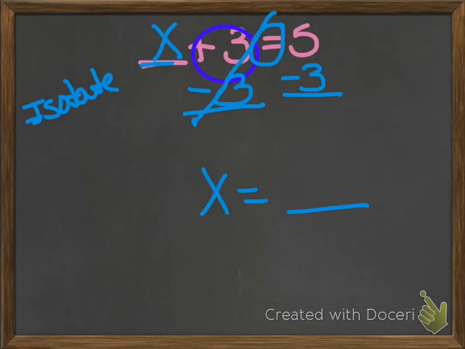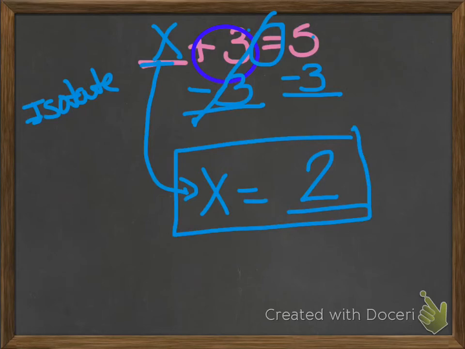Everything has to be the same on both sides. So 5 minus 3 would be 2. The 3's canceled out, all you had left was x. So now this is telling me that x, my unknown value, is 2. That would be our solution. 2 would be the value of x.